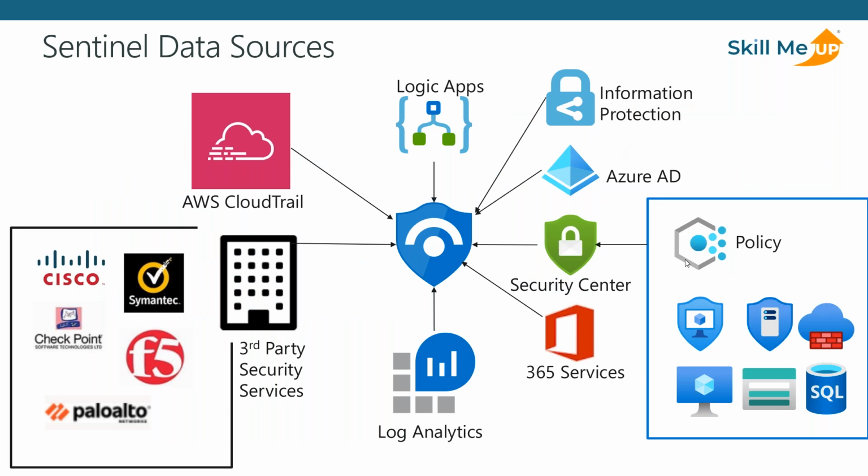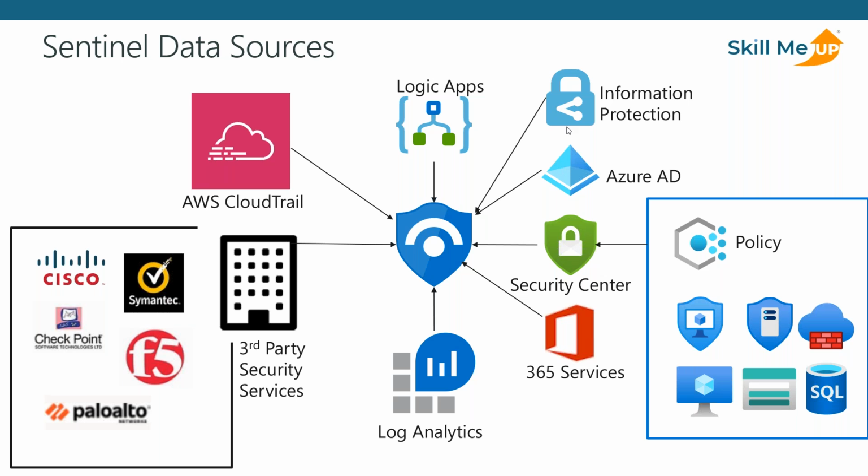And at the center of all of this is all of the data sources and everything that feeds into Azure Security Center as well as Azure Sentinel. So at the right here is Azure Policy and all of the services and resources within our Azure environment or outside environments that feed into Azure Security Center.